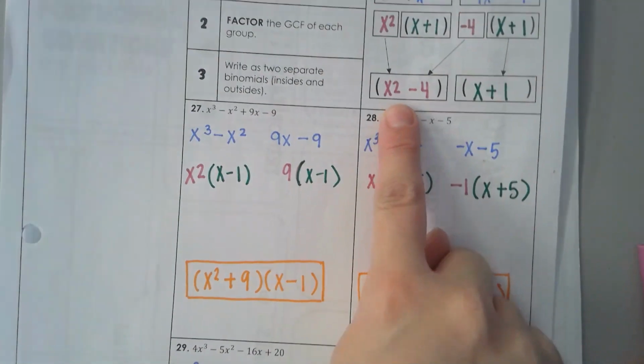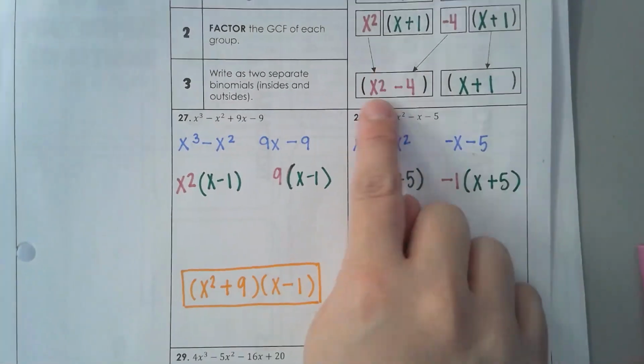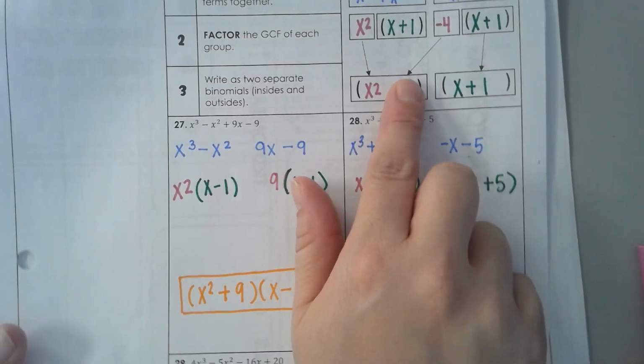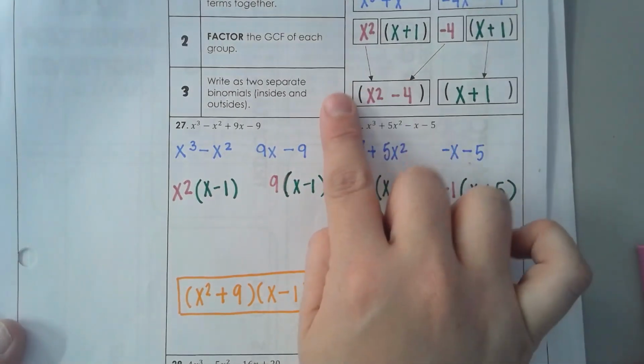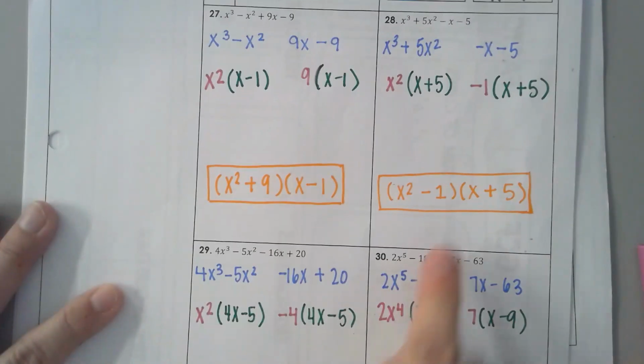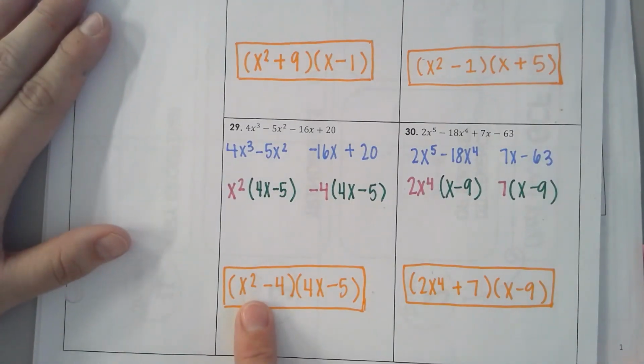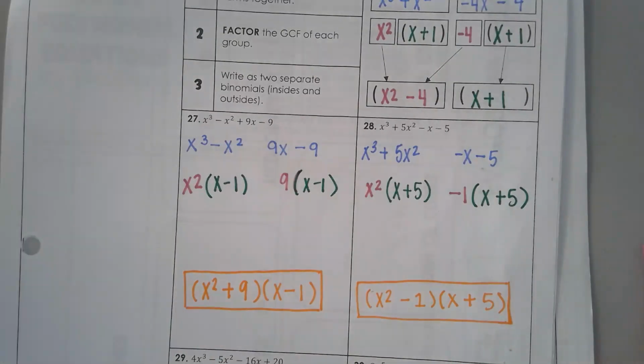Is x squared a perfect square? Yep. Is 4? So technically, and this is what we'll be doing in our next lesson, we would be taking this one a step further, and we would take this and factor it down. Same thing for the x squared minus 1 and this x squared minus 4. But for what you're doing today, you only have to do the grouping and then you can stop.